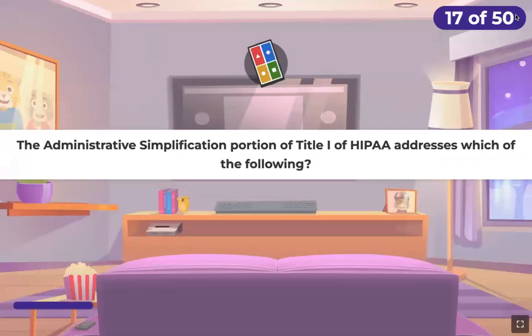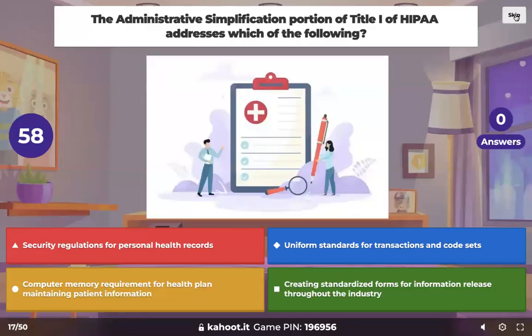All right, next question. The administrative simplification portion of Title I of HIPAA addresses which of the following?